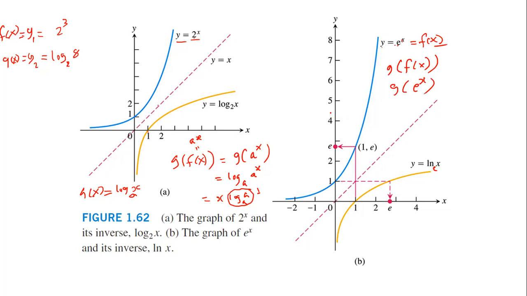Okay. And now the second step, g of a to the x, we said its parameter will be the parameter of log. That means g will apply log to its parameter. So log to the base a, you have to apply ln, to the base e. So this will be equal to ln to the base e of e to the x, right?